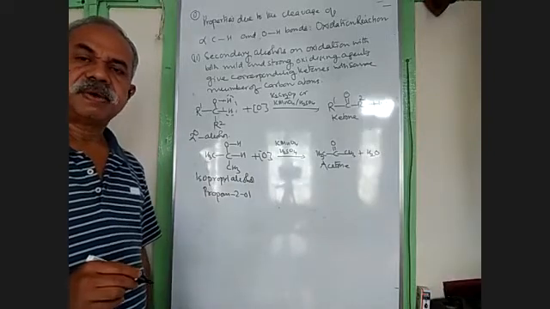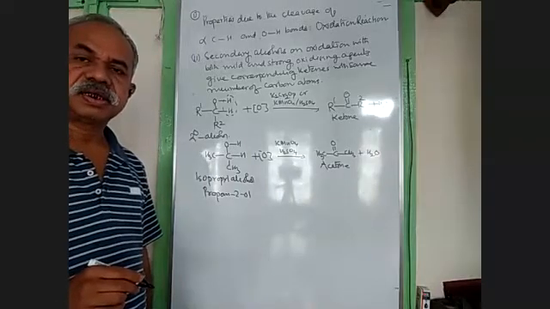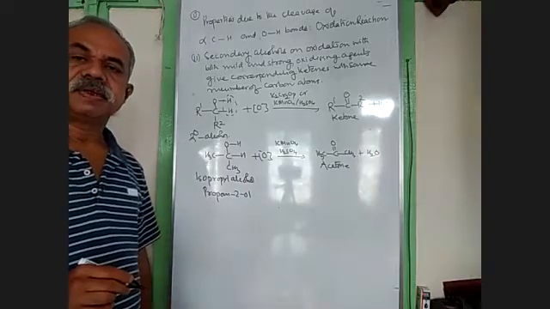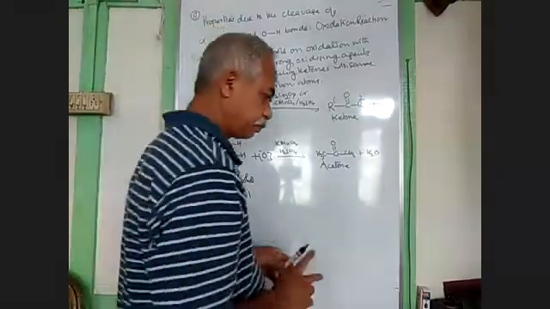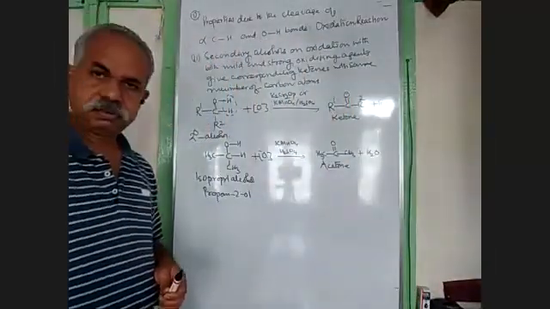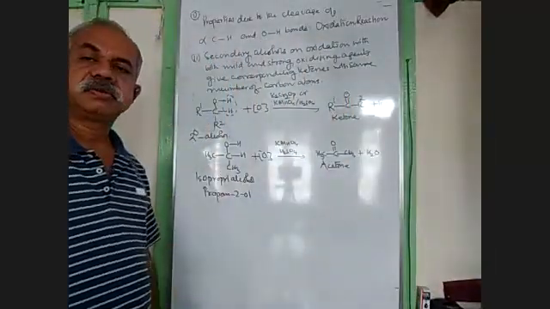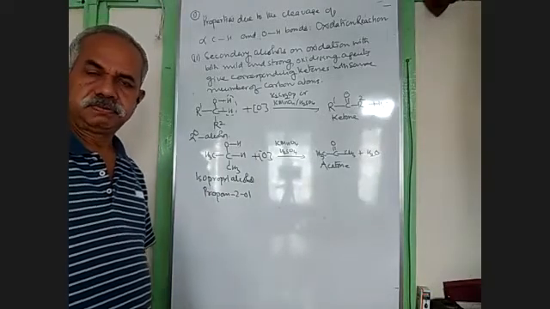Aldehydes can be prepared by the oxidation of primary alcohols by mild oxidizing agents, and ketones can be prepared by the oxidation of the secondary alcohols. Okay. Now, suppose you have carried out this oxidation with a strong oxidizing agent under boiling conditions.